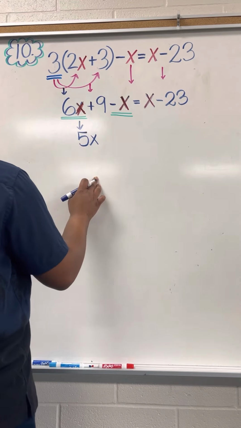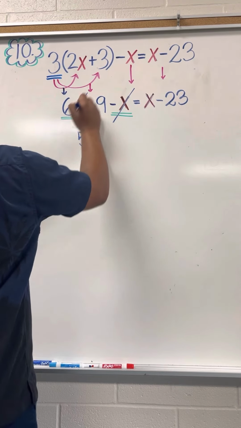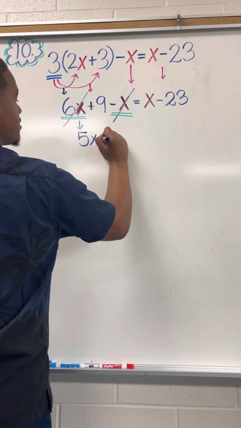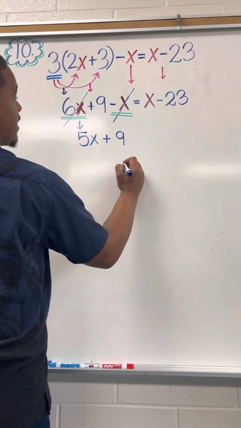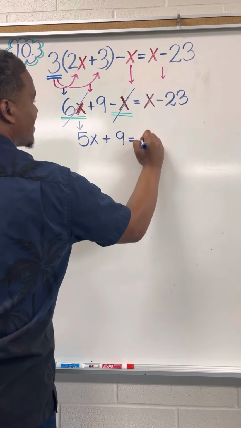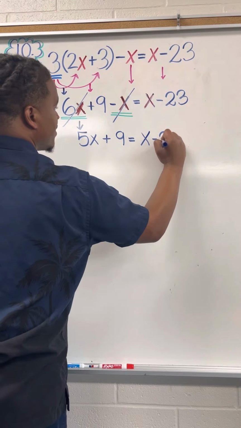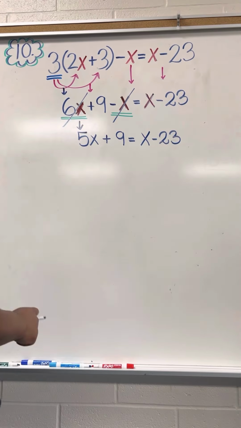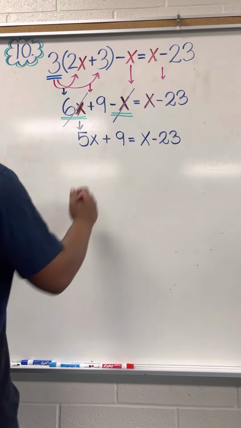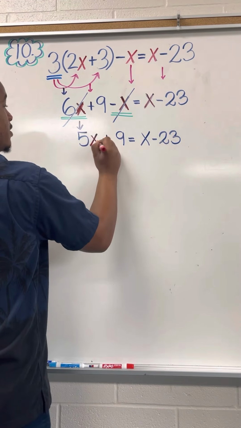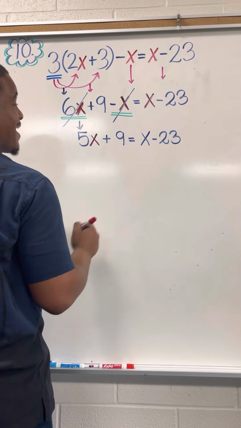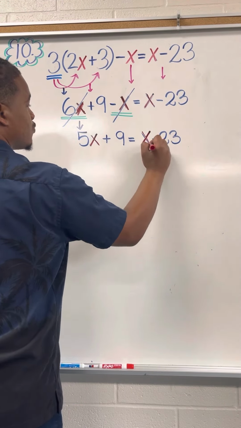So now on this side, I have 5x plus 9, we're gonna bring down that 9, equals x minus 23. Okay, so now we have simplified our equation even more. Now we have 5x plus 9 equals x minus 23.